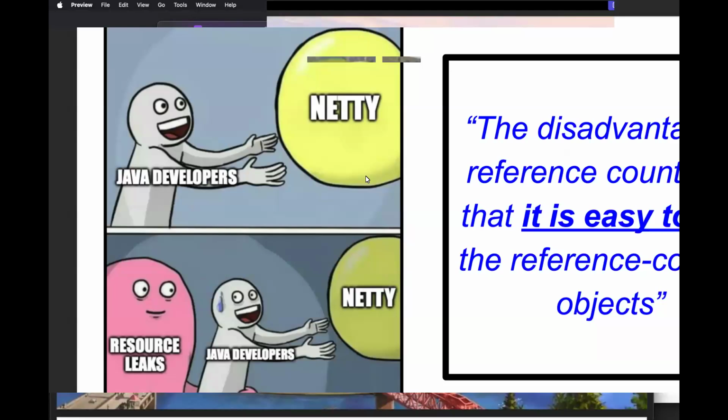And so it turns out that in Netty's documentation, they basically have a warning to developers. They're like, oh yeah, reference counting is useful, but it can go really sideways. You could start leaking a bunch of resources, and then your server could crash if you start leaking too many.